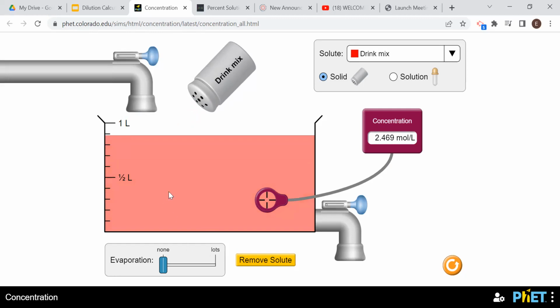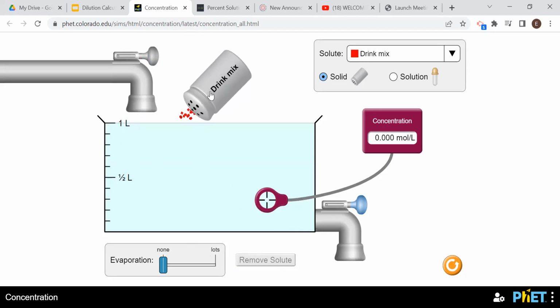So if I keep on adding more water, you see that? But then I can remove all the solute again and start all over again. I put in, you see, the more I add, the more concentrated it is.